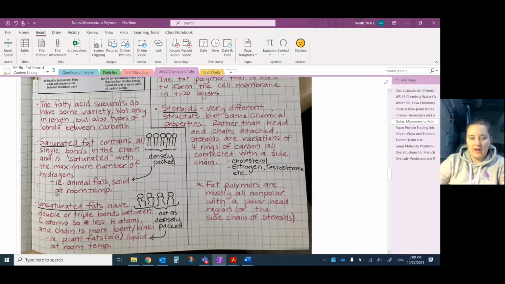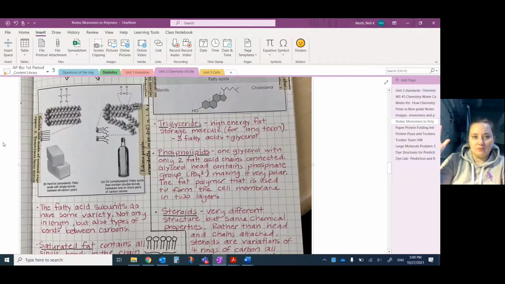All single bonds pack in as much matter as you can, and therefore in our model or a drawing of fat, the fatty acid chains are drawn very straight. And if they are very straight, we can pack them together very tightly. And that tends to result in fats that are solid at room temperature.